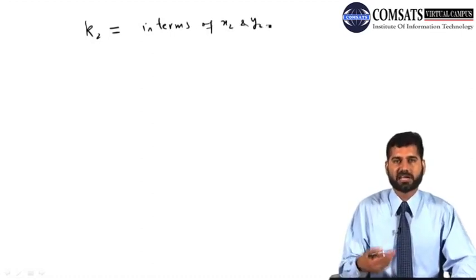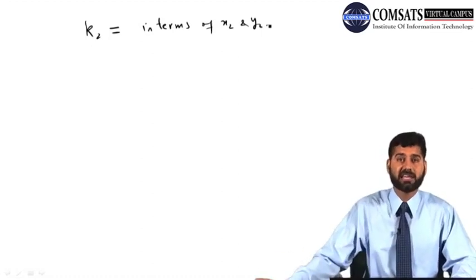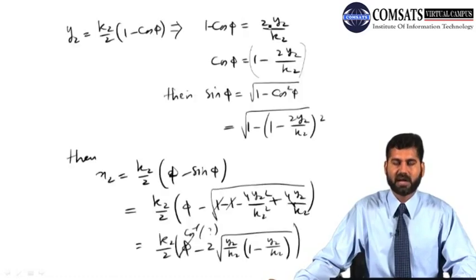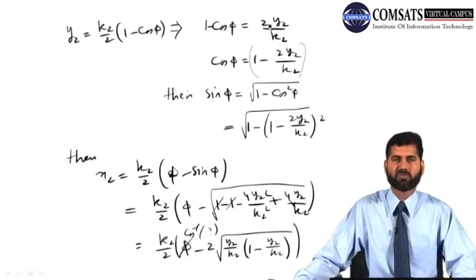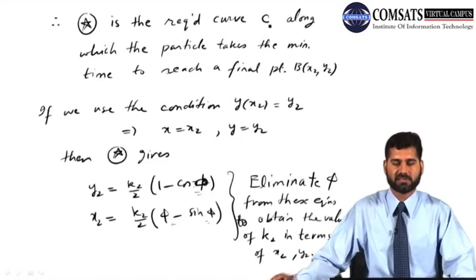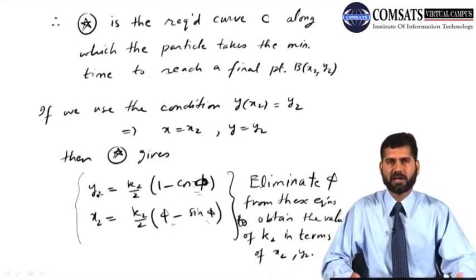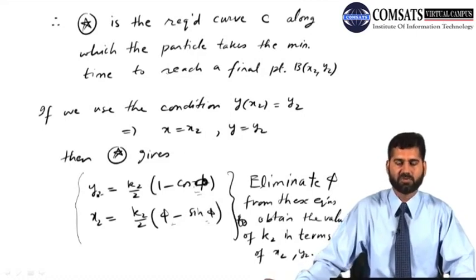Of course x2 and y2 are fixed but they are not given to us, so that's why it's not convenient to solve for x2 and y2 from these two equations. If the values of x2 and y2 are given, it might be easier to find k2 from here.